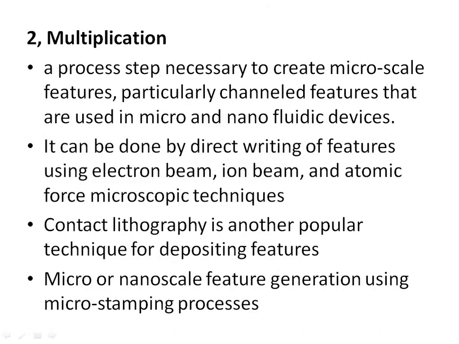2. Multiplication. A process step necessary to create microscale features, particularly channeled features that are used in micro and nanofluidic devices. It can be done by direct writing of features using electron beam, ion beam, and atomic force microscopic techniques. Contact lithography is another popular technique for depositing features. Micro or nanoscale feature generation using microstamping processes is also used.